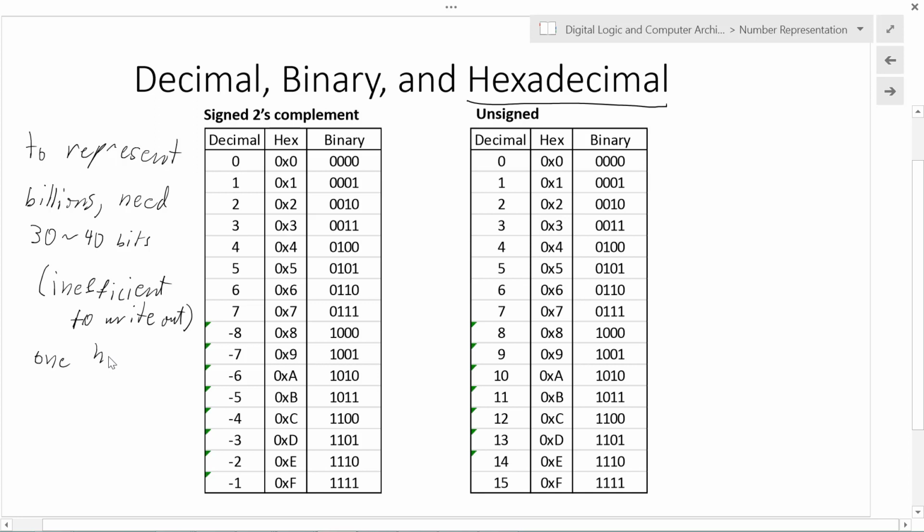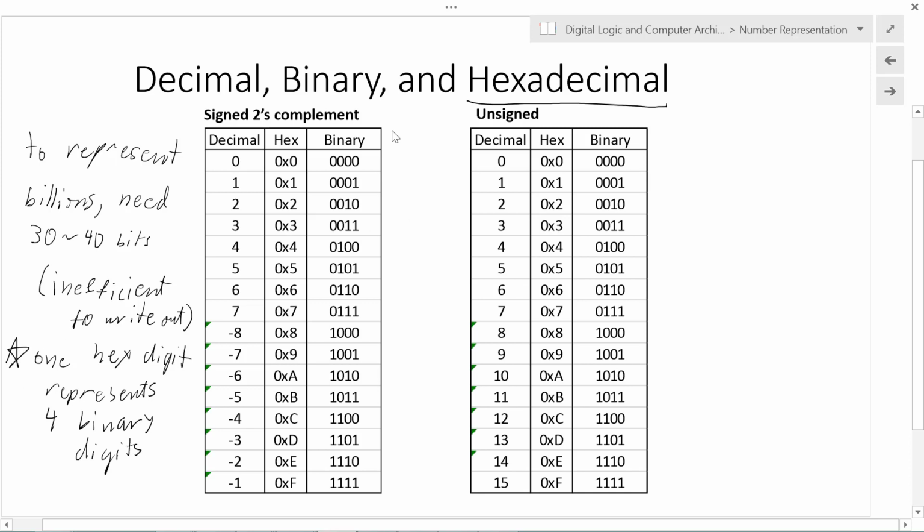One hex digit represents 4 binary digits.